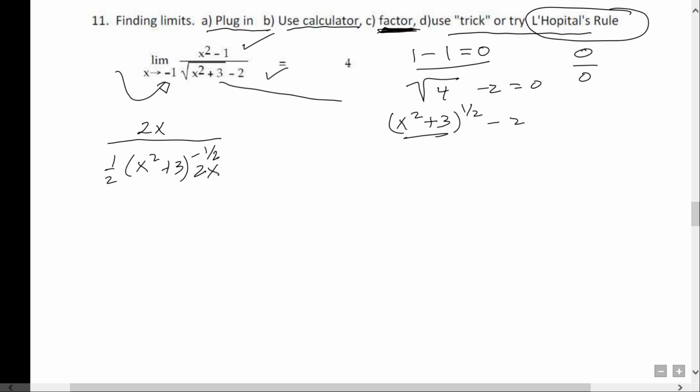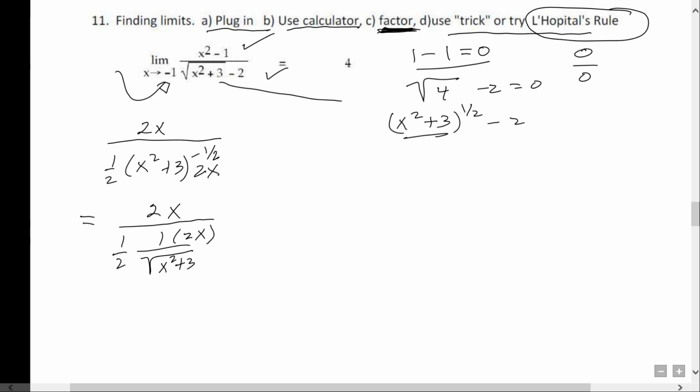Notice that this is equal to 2x within the denominator 1/2 1 over the square root of x squared plus 3 times 2x.